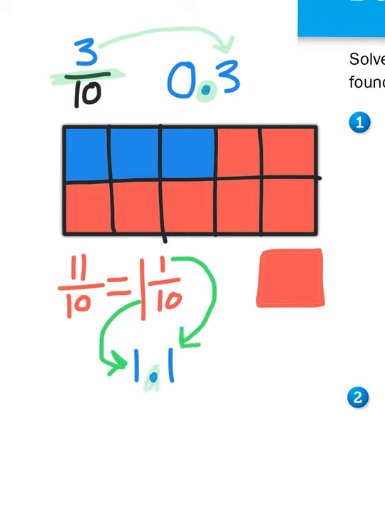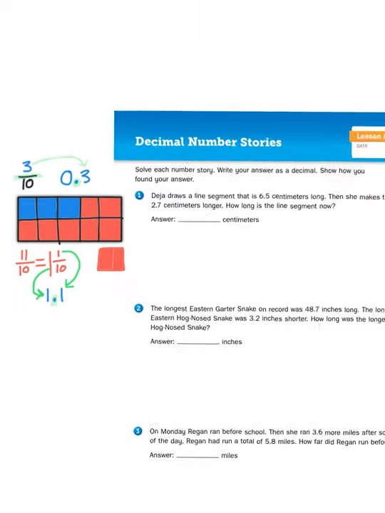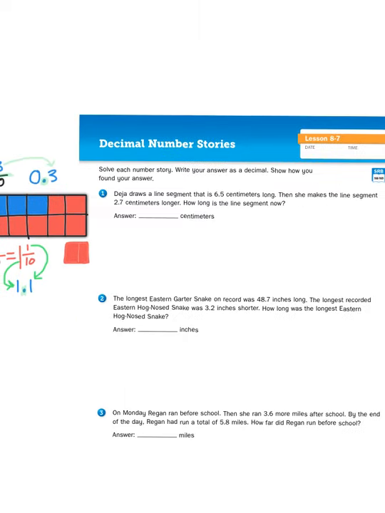The decimal, of course, represents the difference between wholes and parts. So 10 tenths would be the same as one whole. So one whole would live on the left-hand side of the decimal because we are now in whole number territory. Okay? Now with that understanding, what we want to do is we want to solve for some number stories that involve decimal values.